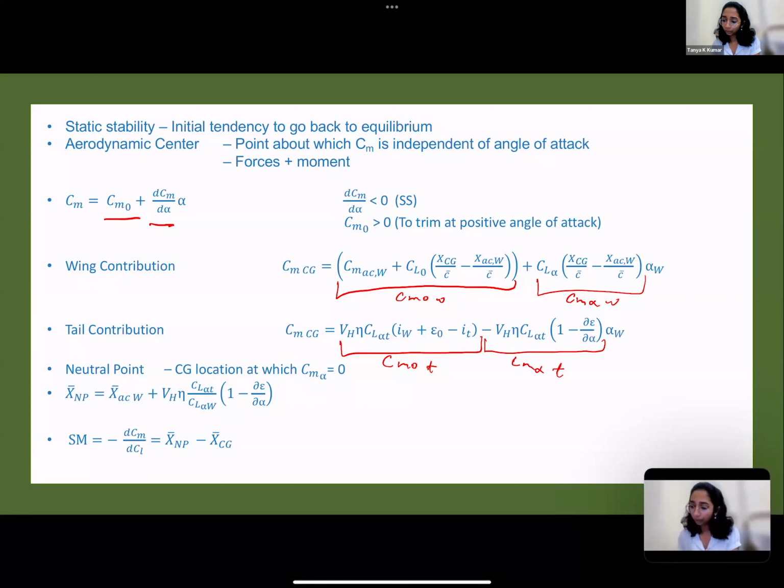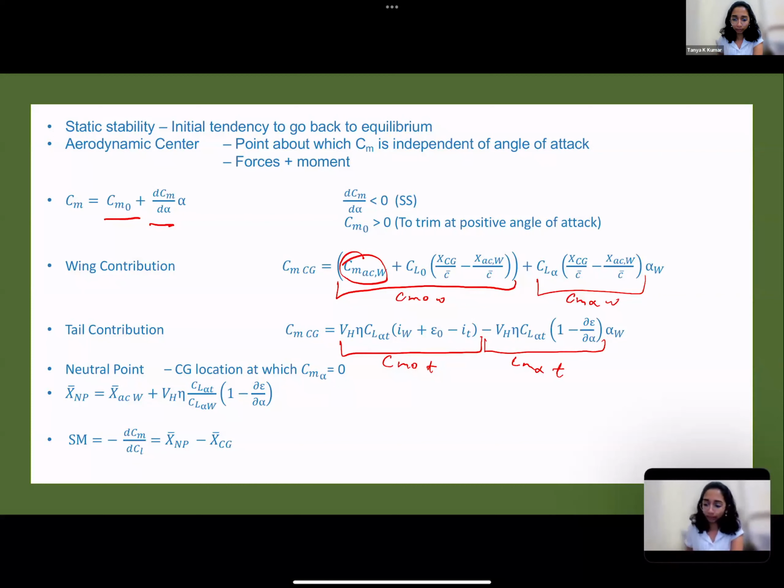Okay. Now let's just go over each term here because people seem to be forgetting some terms. Let's just revise. What is CMAC of the wing? Where does it come from? And what are its typical values? What is CMACW?